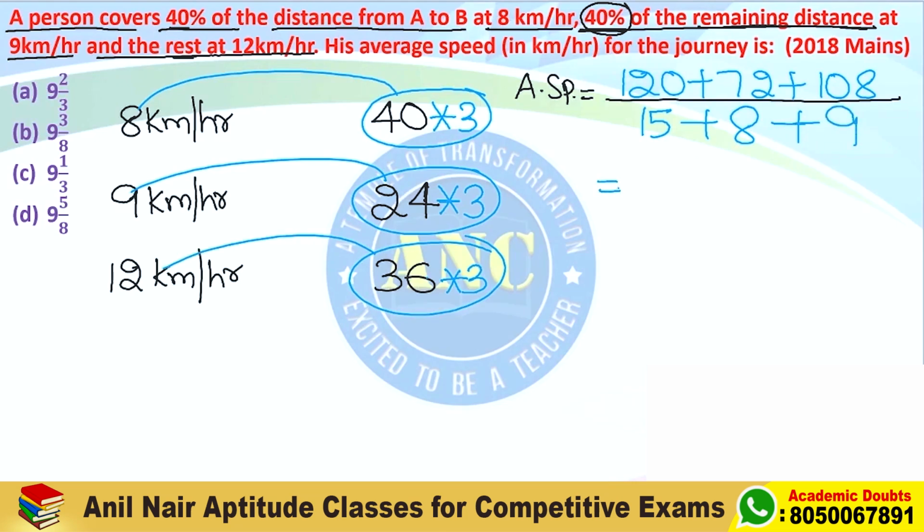Calculate this and you will get the answer. I hope you are very clear why I have multiplied by 3. If I do not multiply by 3, 40 divided by 8 you will write as 5, but the next value, 24 by 9, you will write as 24 by 9 only, which is a fractional value.